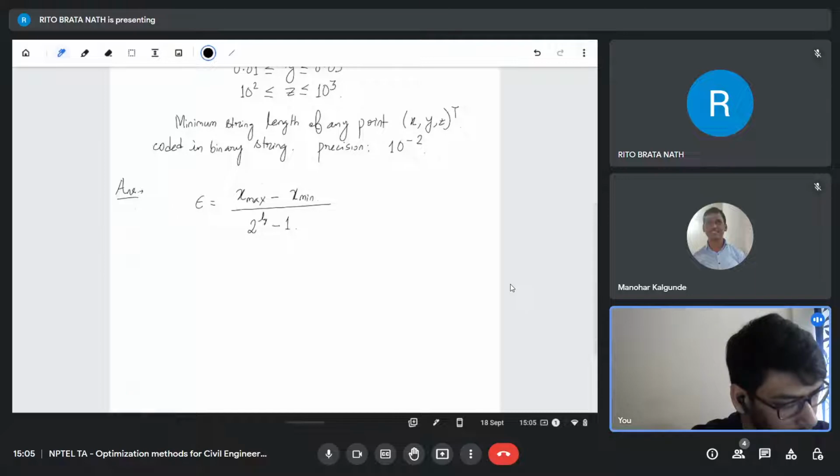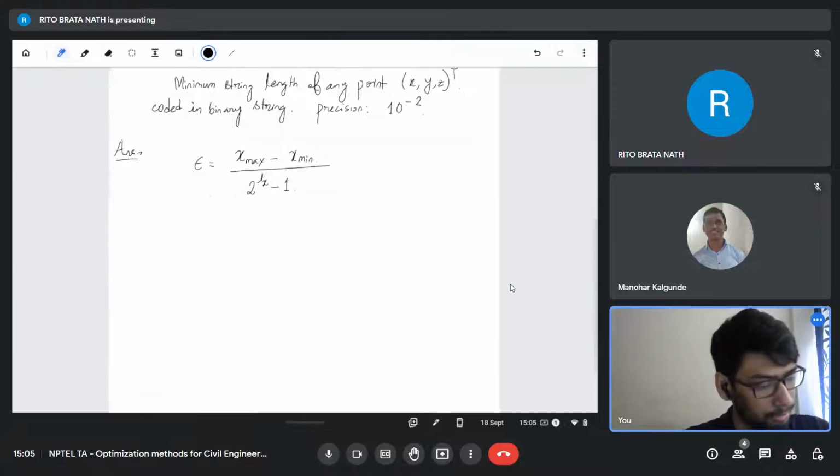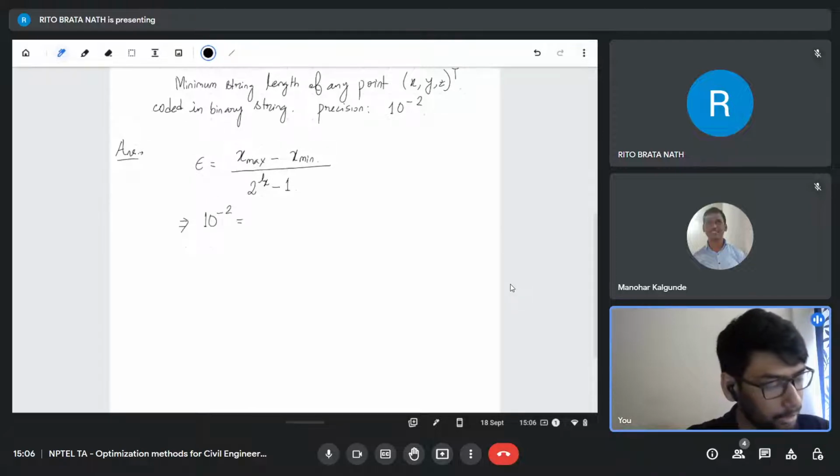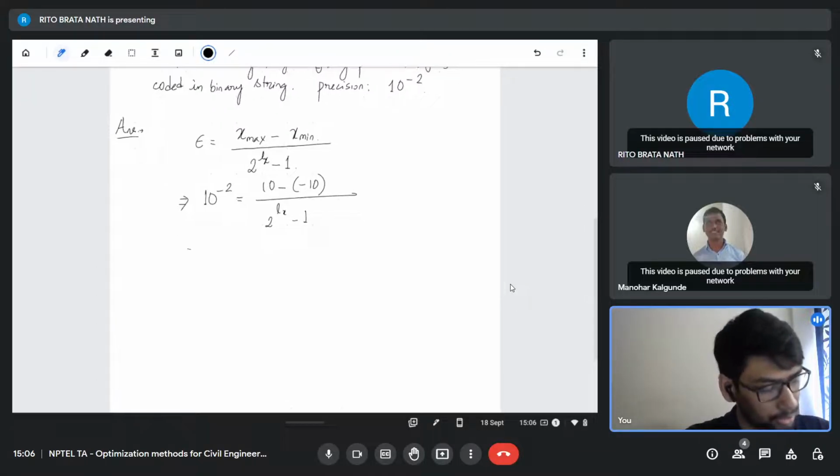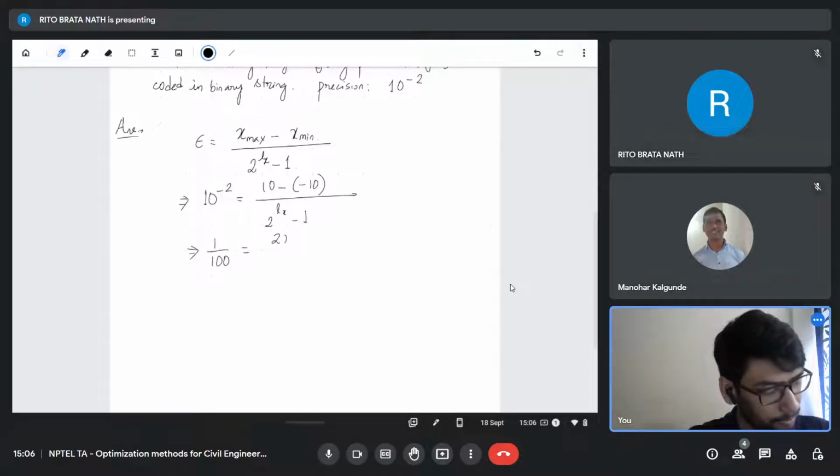So we can put 10 to the power minus 2, and your x max is 10, this is 10 minus of minus 10, and then 2 to the power Lx minus 1. If you solve this, you'll get this is 1 by 100, this is 10 plus 10, 20, and this is 2 to the power Lx minus 1.